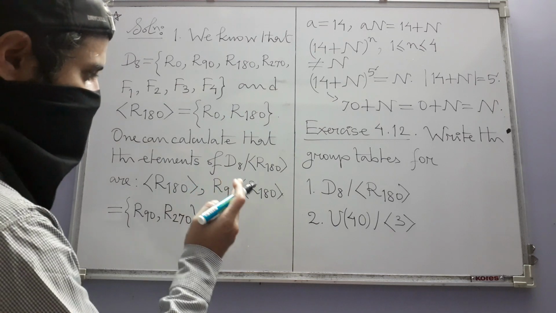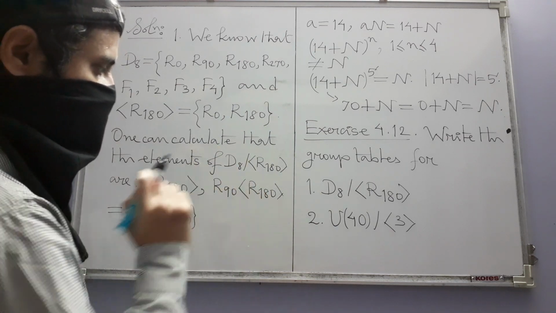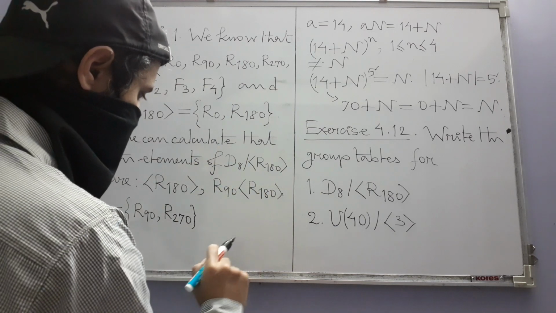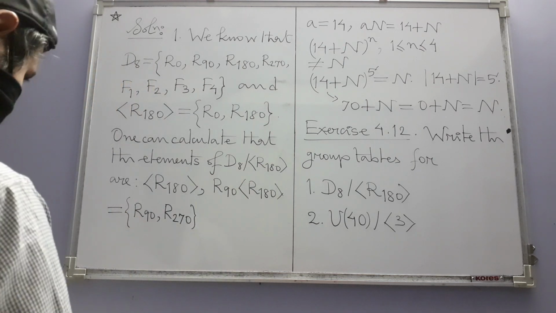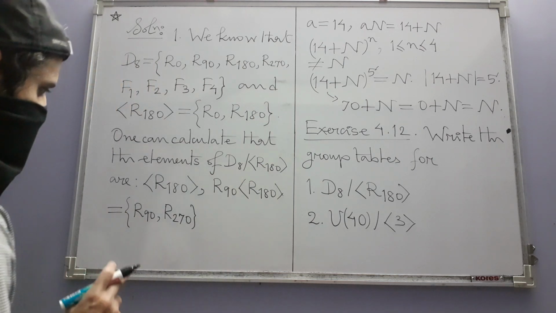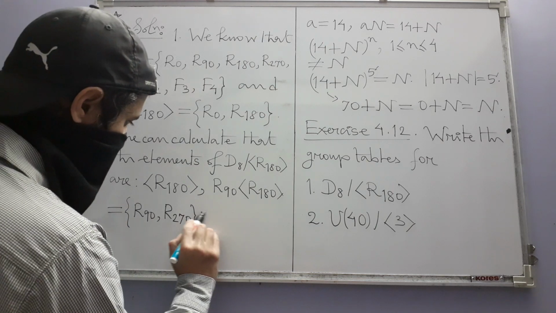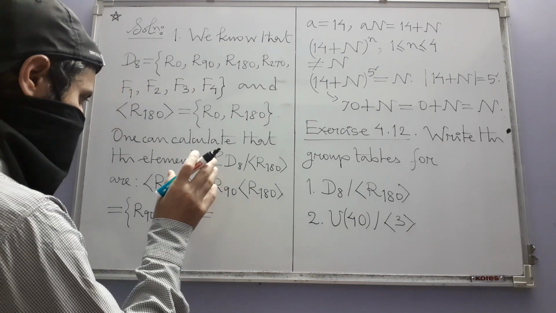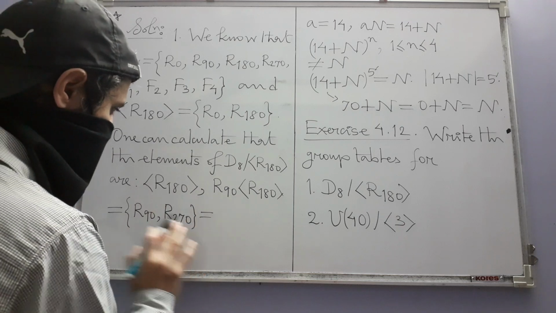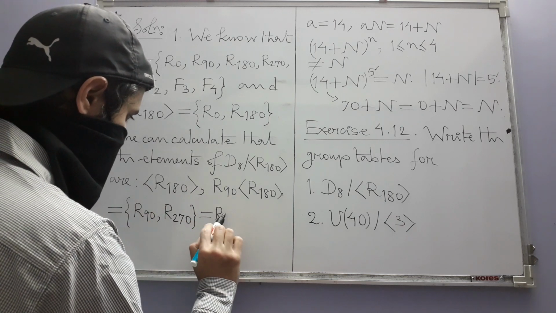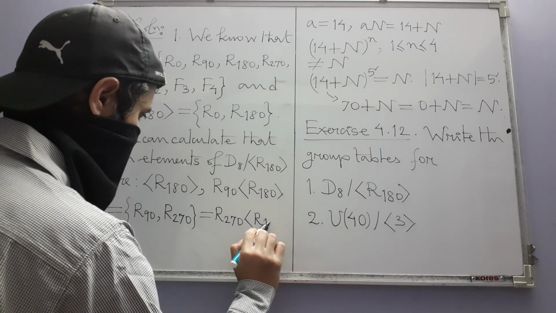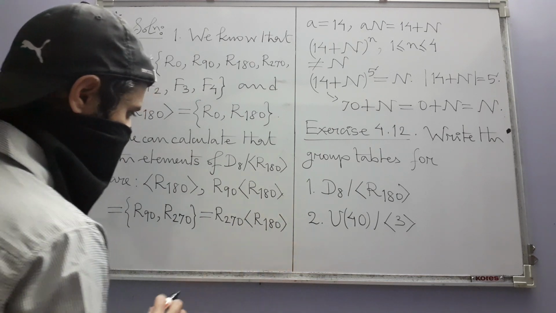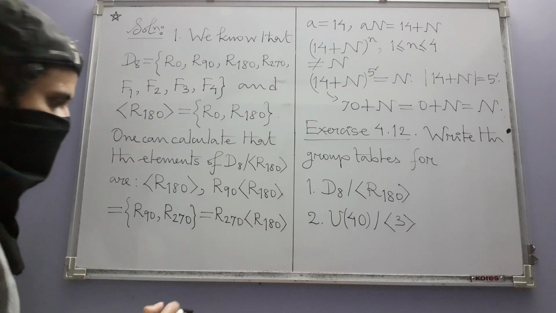A 90-degree rotation followed by a 180-degree rotation. Okay, so we get this. So this is another coset. And note that because of this fact, this set is also equal to R270 R180. Not that we need this, but just simply saying.